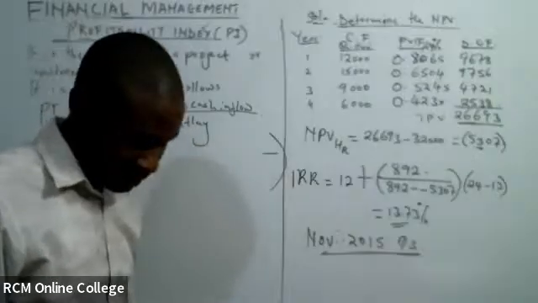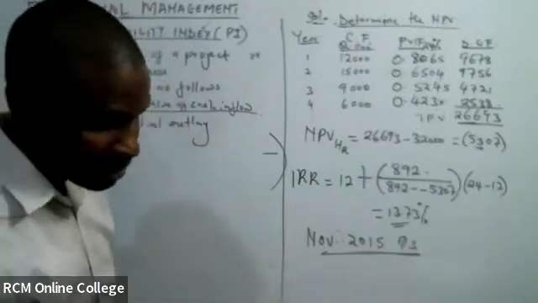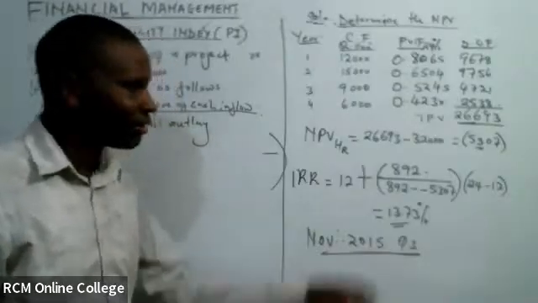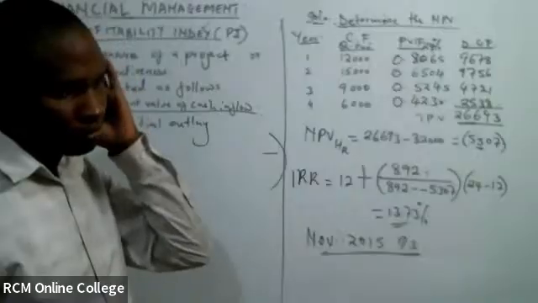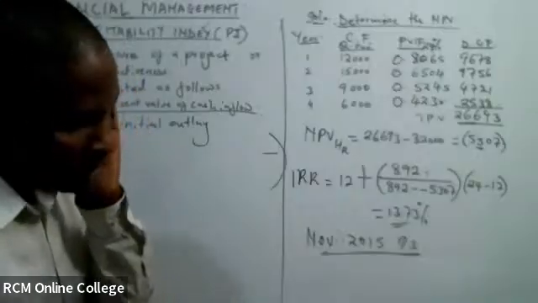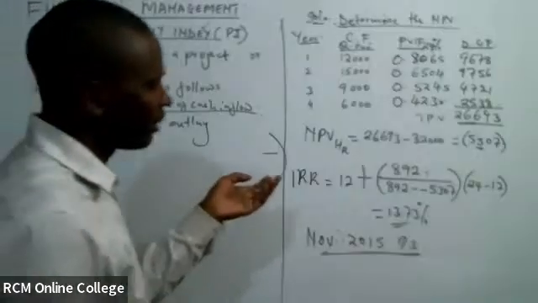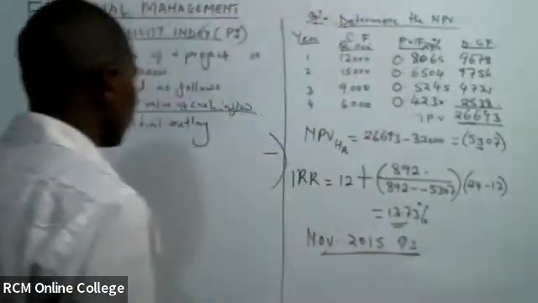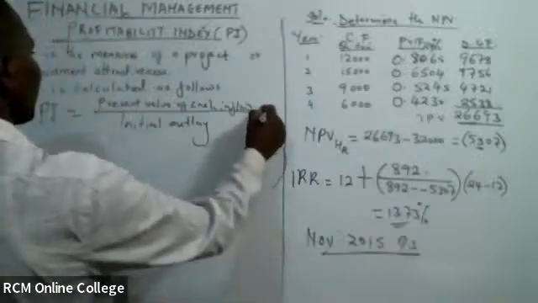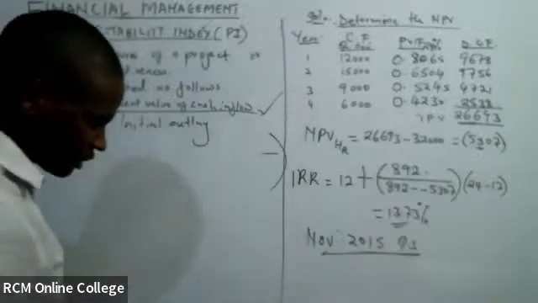Now, in our case, do we accept, reject, or we may accept? Yes, we accept because the IRR is greater than the cost of capital, which was 12. So this is how we get the PI, the profitability index.